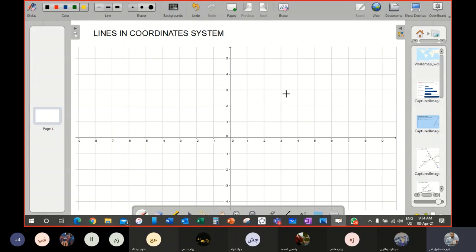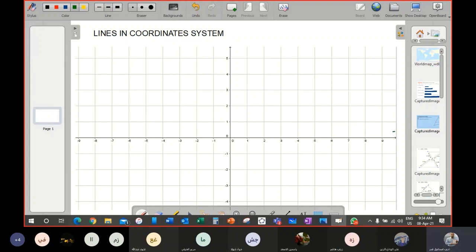Who knows what is the x-axis? Axis of abscissas. Is it the horizontal axis or the vertical axis? Horizontal axis. So this axis is called x or x prime.